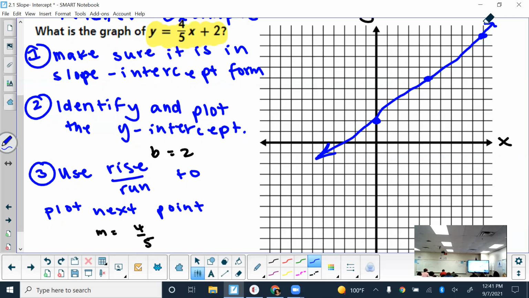So unless it tells you that it stops, make sure you draw your arrows. Questions? All right, the next one is going to go faster. This one I really broke down. The next one kind of faster. All right, so next page.